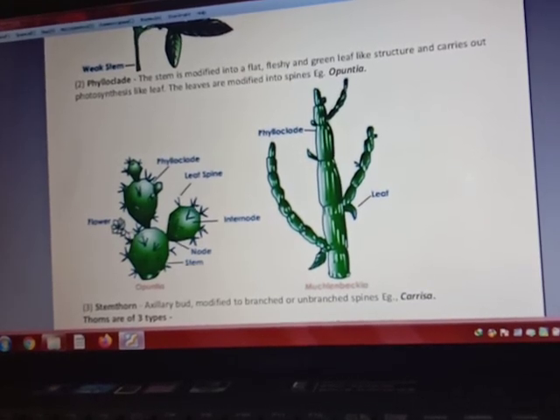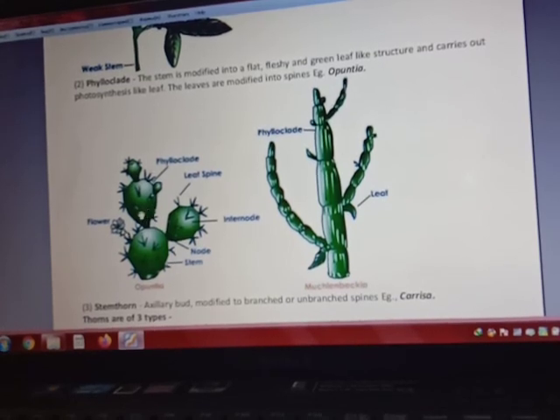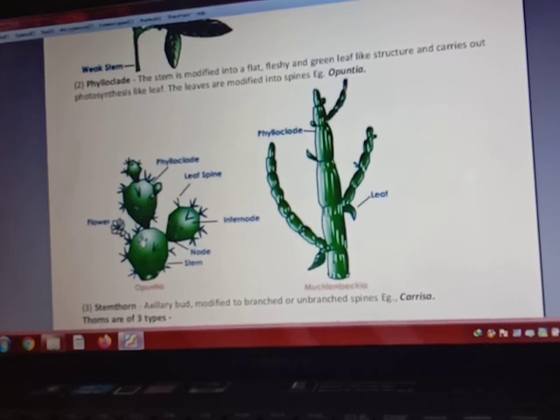In cladode also, it carries out the function of photosynthesis. The difference I am explaining again: here the full stem is modified into a leaf-like structure, but in cladode only some part of the stem is modified into the leaf-like structure, and the process is the same in both cases, photosynthesis.